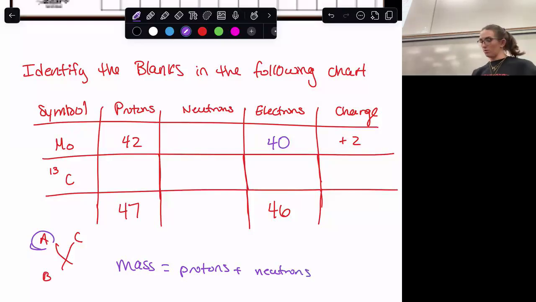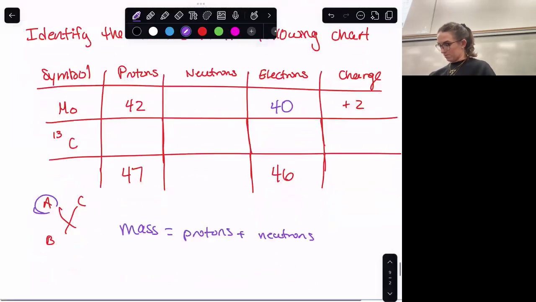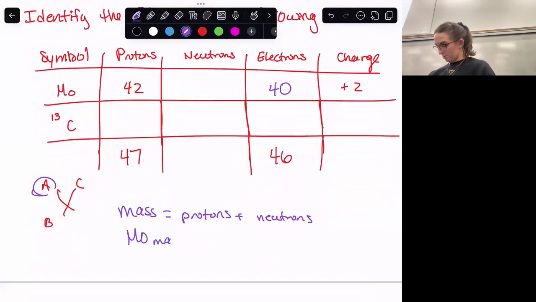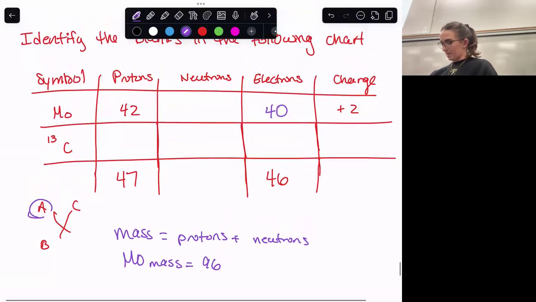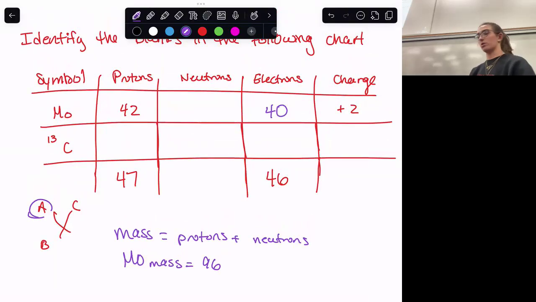Okay, so molybdenum's mass is 96. So if we have 42 protons, and we know that overall its mass is 96, how many neutrons do we have?